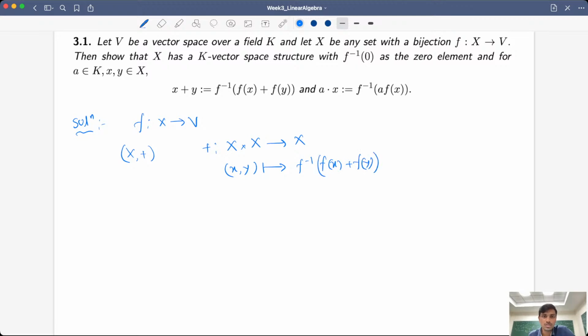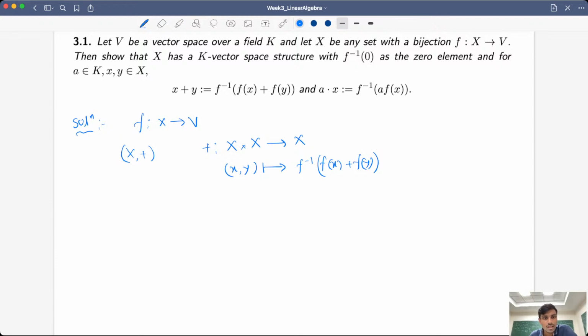Because this is a bijection, I'm just mapping x and y to V, and there I have the addition, so I'm adding them there, and then again taking the inverse, so it again lands on X. So this is first of all well defined.